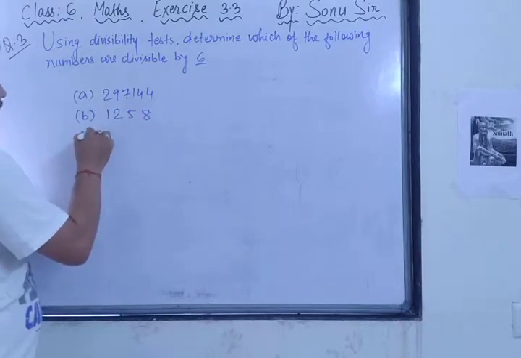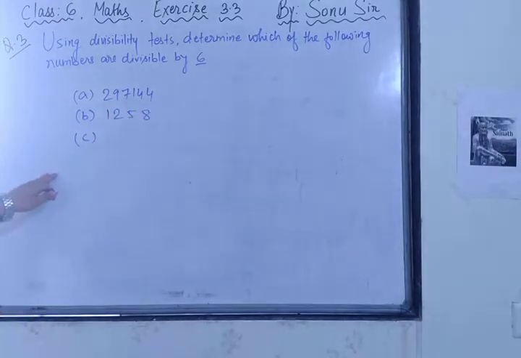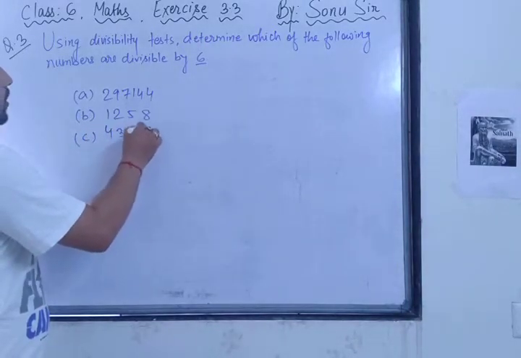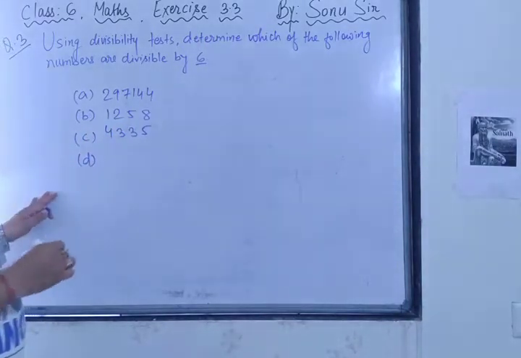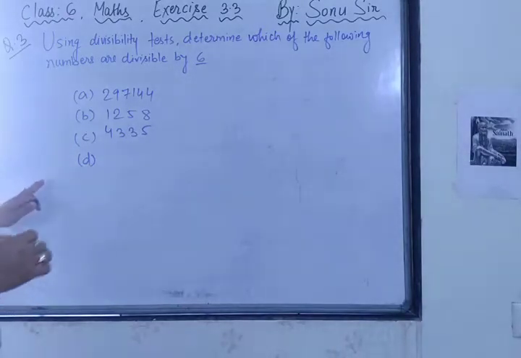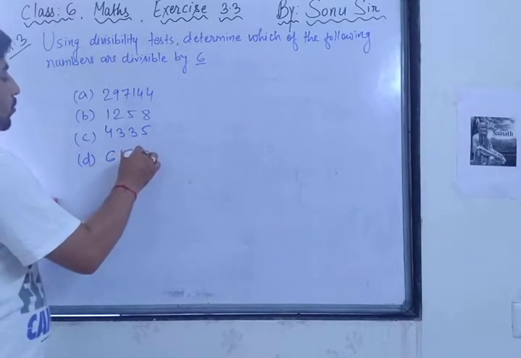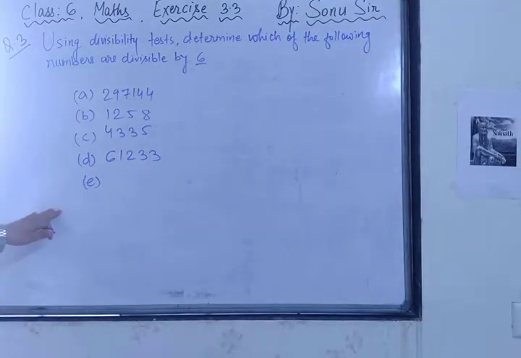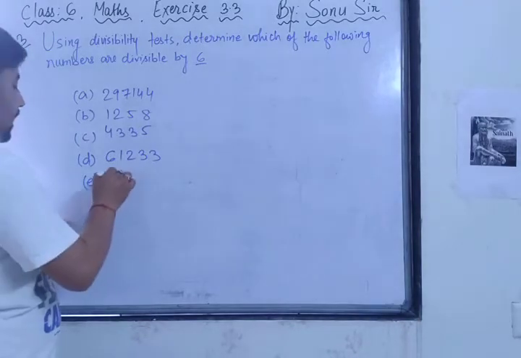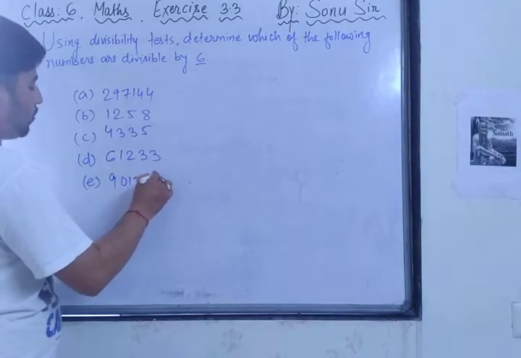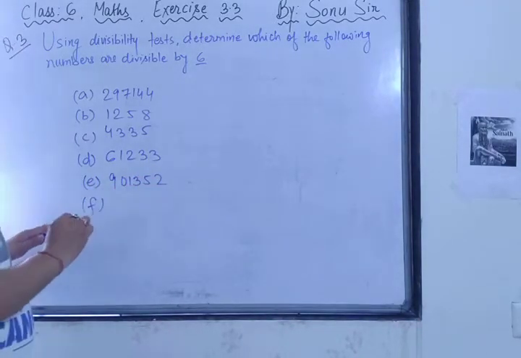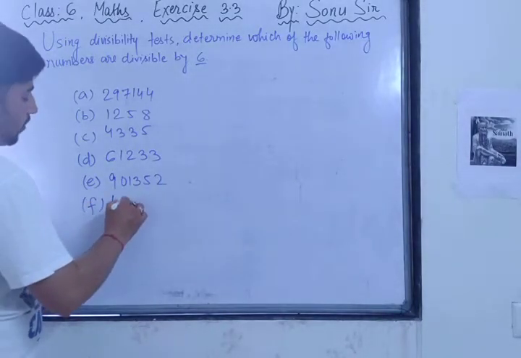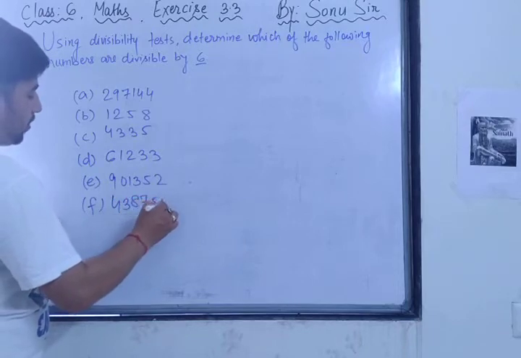B is 1258. C is 4335. D is 61233. E is 901352. F is 438750.